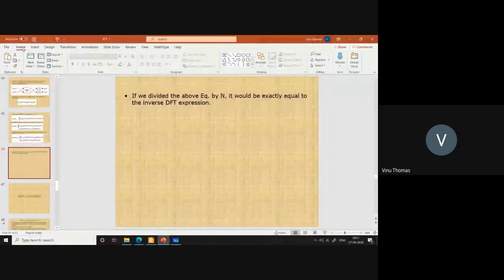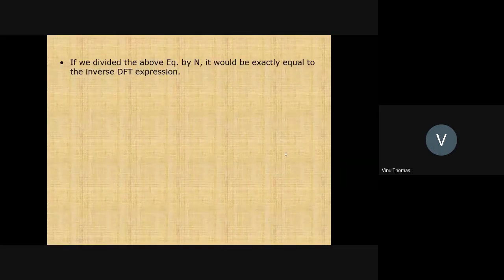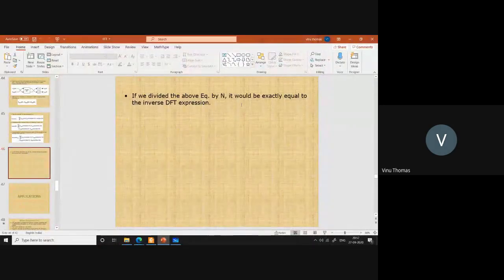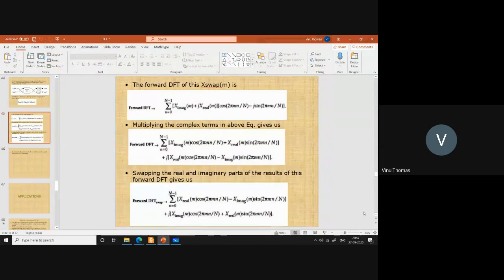And I will also share a textbook, because this was the feedback that I got from your class committee, that you need textbooks to be shared. But there is a grave danger in sharing the textbooks, because textbooks are copyrighted. So I cannot share the textbooks on my Moodle page.